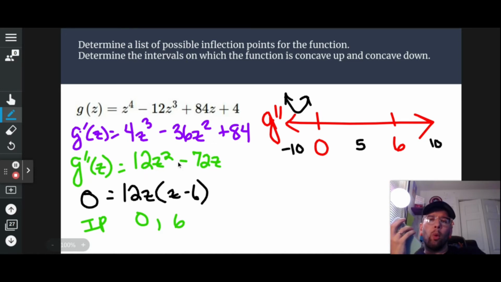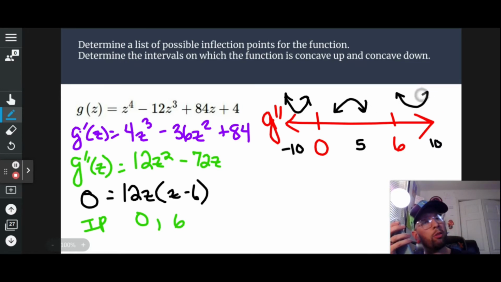12 times 5 squared minus 72 times 5. The answer is -60. 12 times 10 squared minus 72 times 10. The answer is 480.